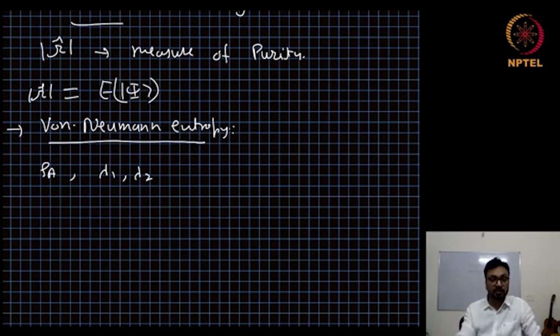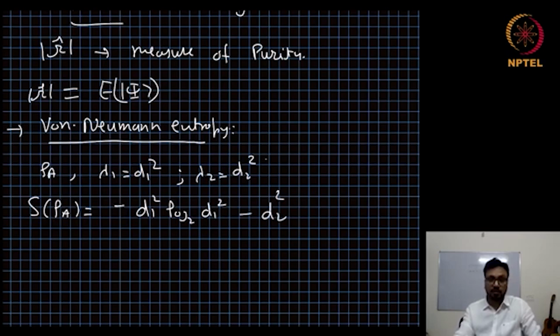Actually, if we look at the Schmidt decomposition, then lambda 1 is d1 square and lambda 2 is d2 square, and d1 square plus d2 square is 1. Then the von Neumann entropy for rho A is defined as minus d1 square log base 2 d1 square minus d2 square log base 2 d2 square, or it is written as minus the trace of rho A log base 2 rho A.